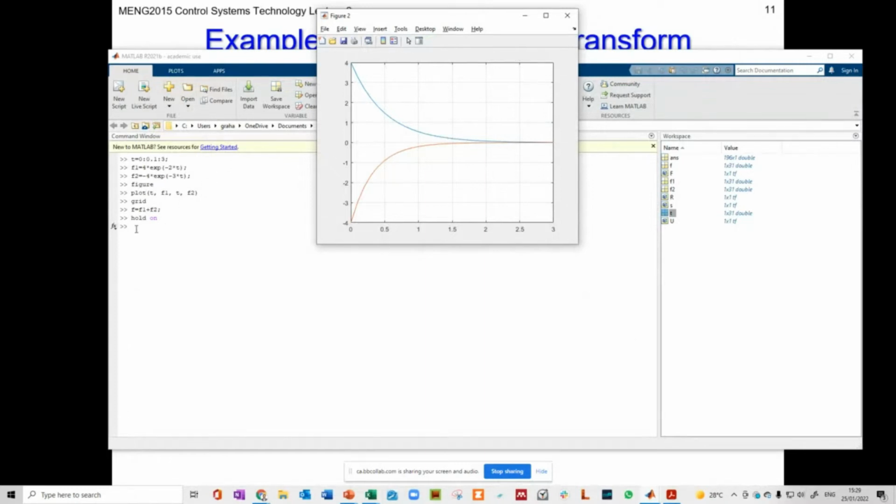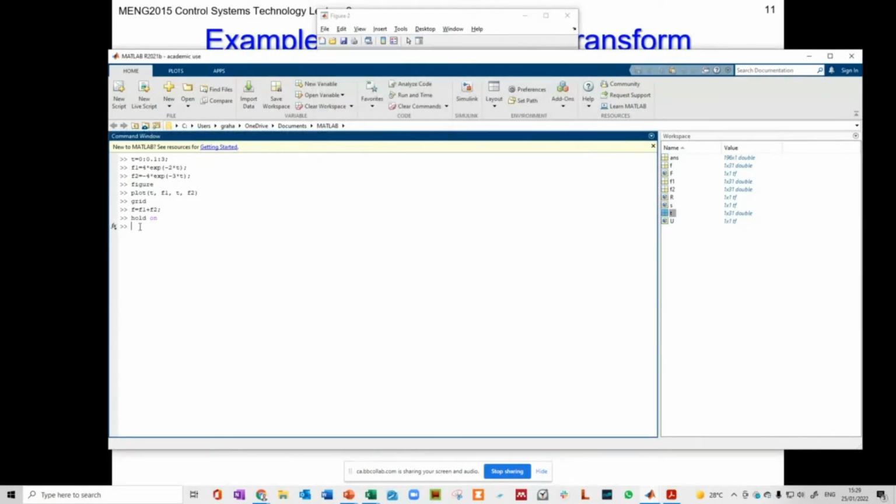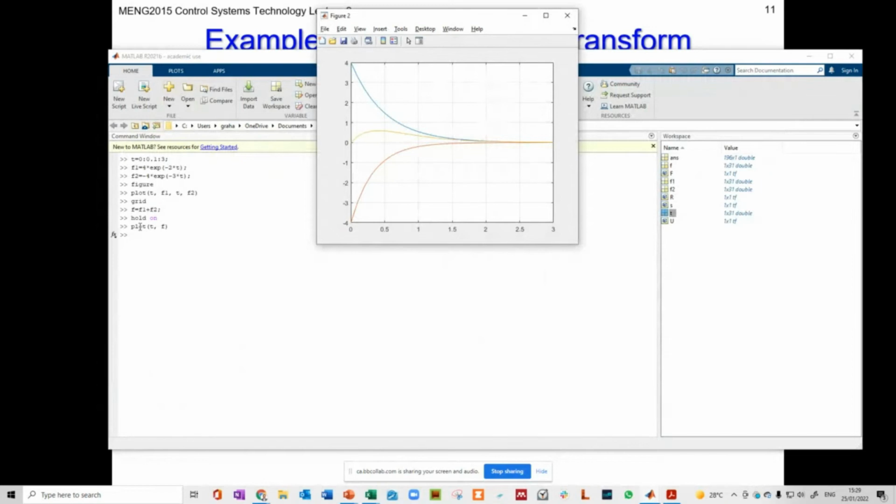If I just typed plot again in the workspace, it would overwrite this figure. But I want to plot my next variable on the same figure. So I've typed hold on to do that. And now I'm going to plot t, F. See what happens there. Right. So this is my function F.